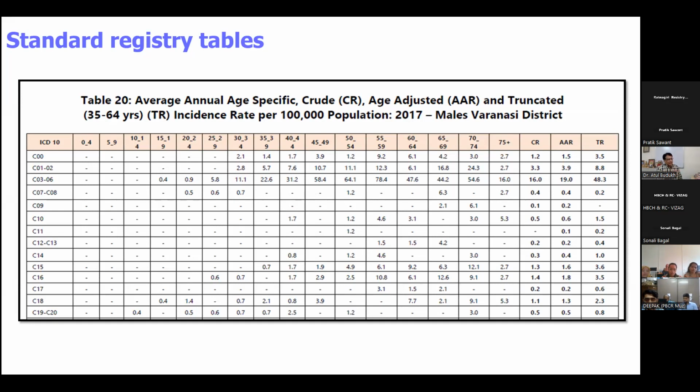These rates you will get automatically through CanReg, but your concept should be clear on how the calculation has been done. Because your data will be used by several researchers, PhD students, or your ministry may want analysis in a different way. So you should be in a position to calculate the rate independently using your registry data, using Excel.